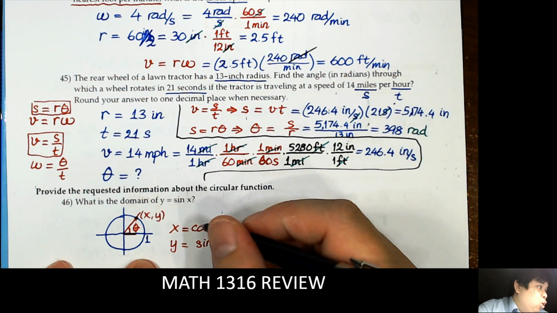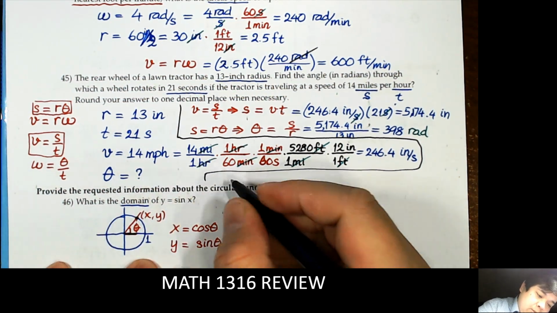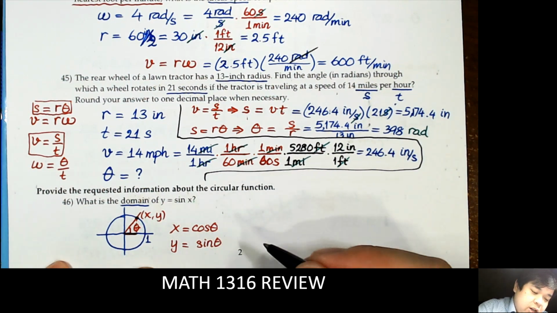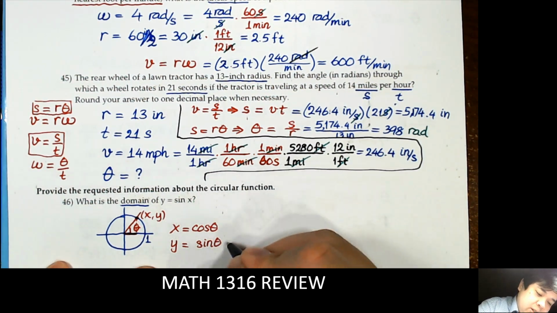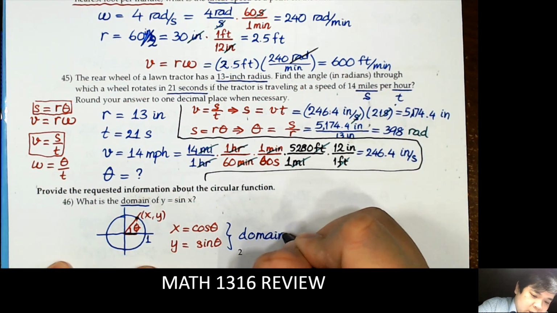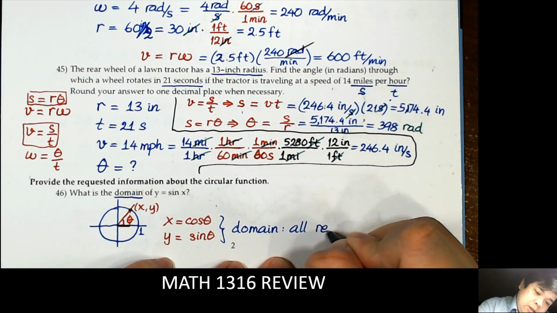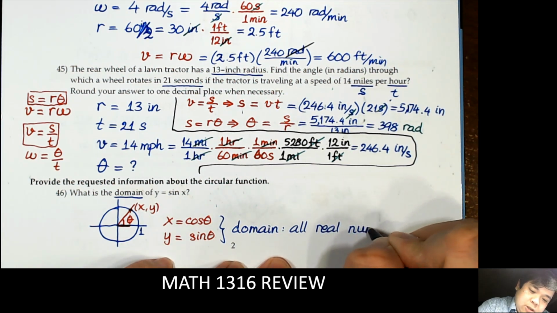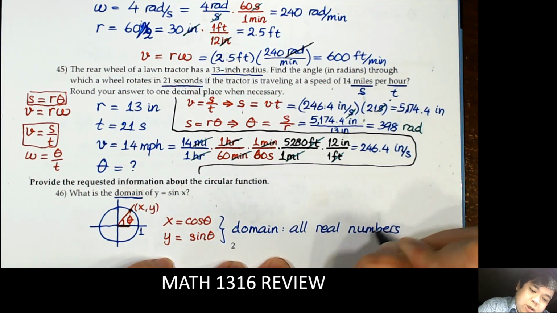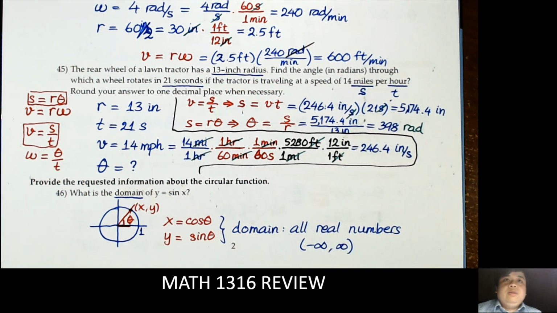So in this case, the domain is all real numbers. The domain of sine and cosine are all real numbers, which we can write as negative infinity to infinity.